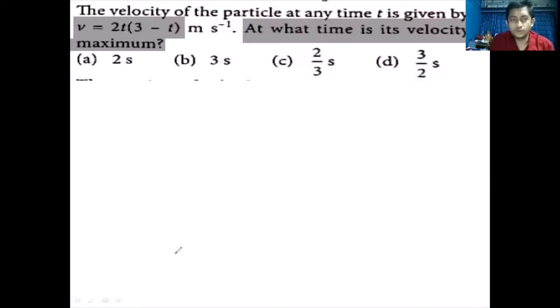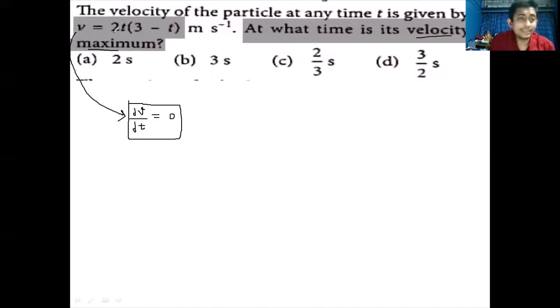Here we are asked for the velocity to become maximum. So for velocity to become maximum, let's find the derivative of velocity with respect to t and equate it to 0. According to the condition for maxima, dv by dt, the derivative of velocity with respect to time t, will be equal to 0. If you equate the derivative of a quantity with respect to time t to 0, then the quantity will attain either maxima or minima.